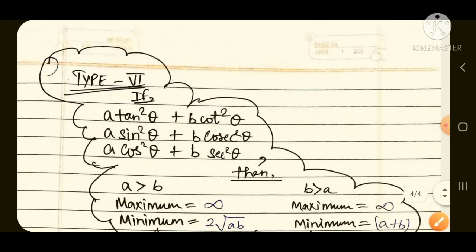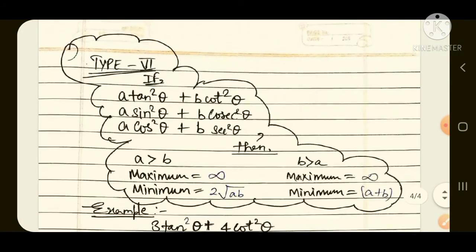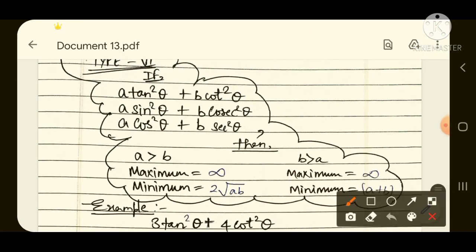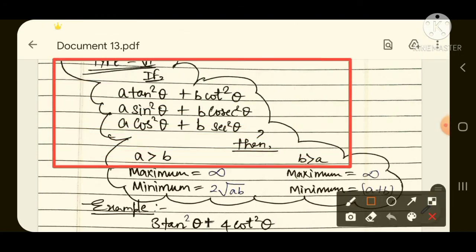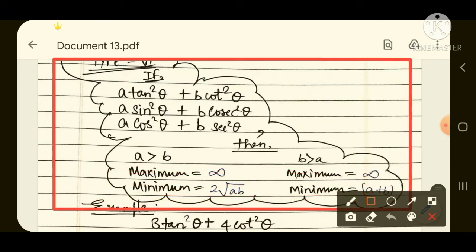Then we are moving with the last and final type for finding maximum and minimum value. This is when the question comes in this format: a tan square theta plus b cot square theta, or a sin square theta plus b cosecant square theta, or a cos square theta plus b secant square theta. Here both trigonometric functions should be reciprocal of each other, then only you can apply this shortcut.